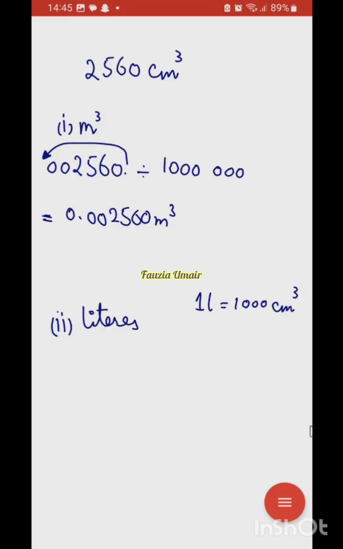So if I want to convert it into liters, I need to do what? We are going from centimeter to liter. इसका मतलब है we need to divide. So we will say 2,560 cubic centimeter divided by 1,000, right? If you divide it by 1,000, how many liters?